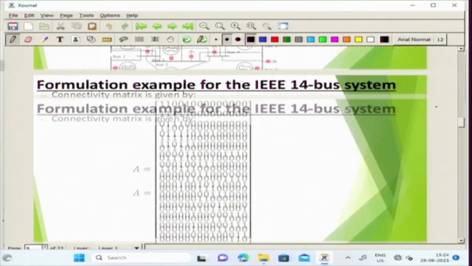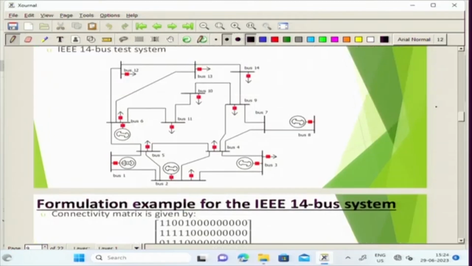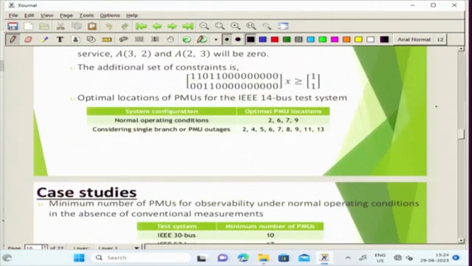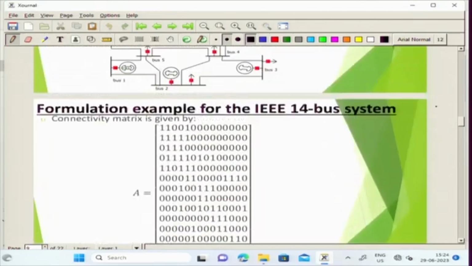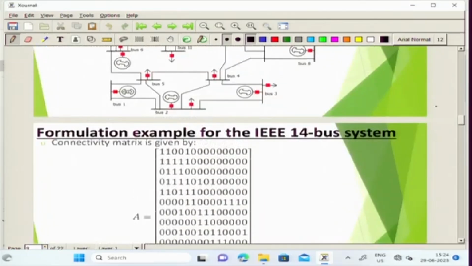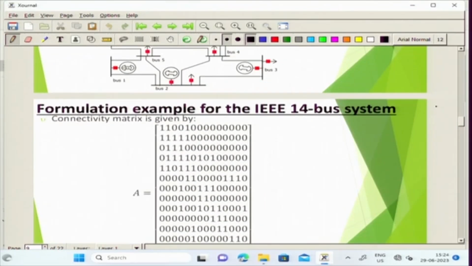So, I am speaking about the case scenario for the 14 bus system. So, we will calculate how it is being done. We are discussing bus 2 and 3. Let us say this line is gone, this line is being taken out, the entry would go like this.